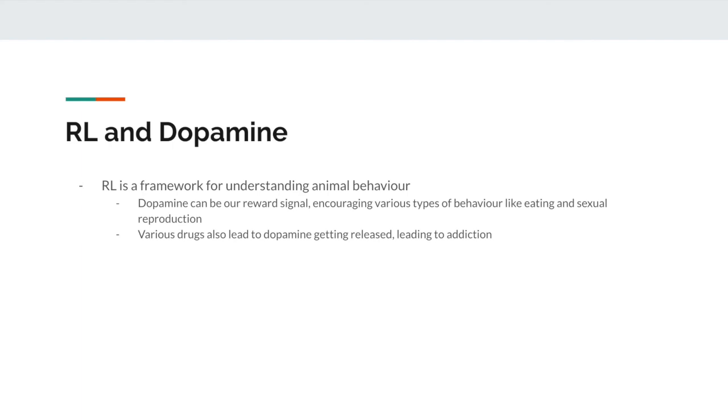And it's also released by a lot of drugs, and it leads to a lot of pleasure. And animals are hardwired to perform the actions that maximize that amount of pleasure. And so if you think about it that way, animals are conducting reinforcement learning all the time as well.